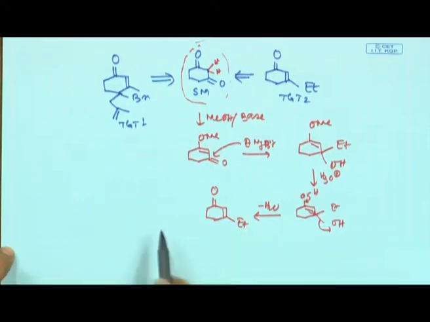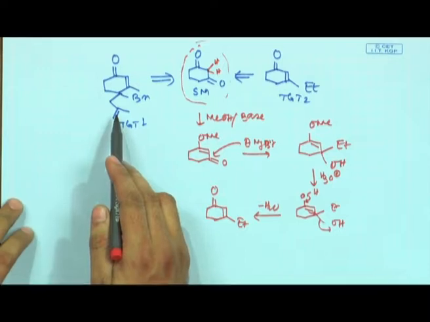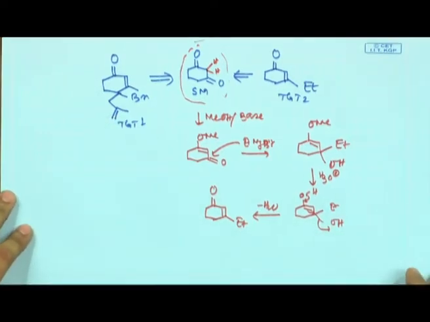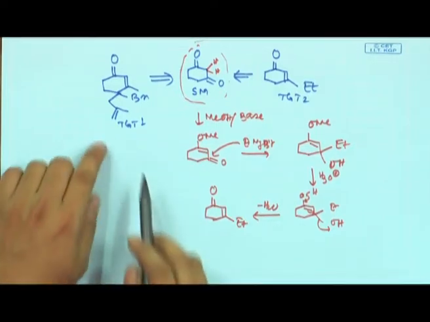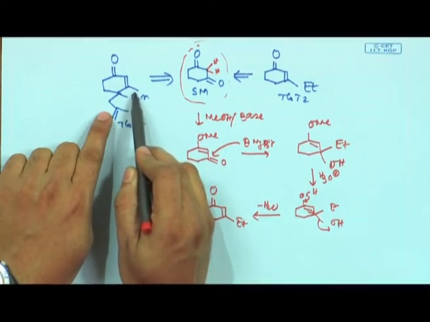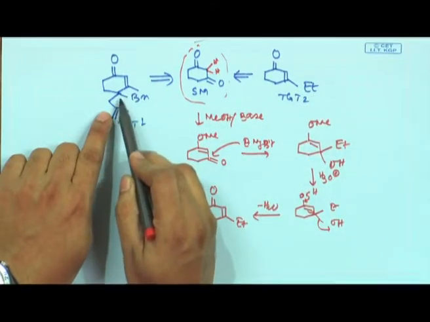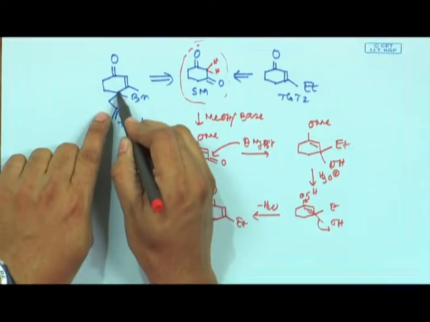Now, coming to the second target, that will be a little bit difficult. It is not difficult in the sense, but for the second compound you need a similar kind of group. Here we need a methyl group, not an ethyl group. In addition, adjacent to the methyl group, you need a quaternary carbon, meaning an all carbon quaternary center.